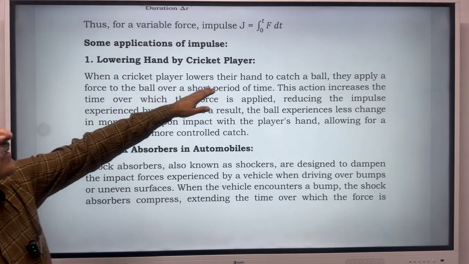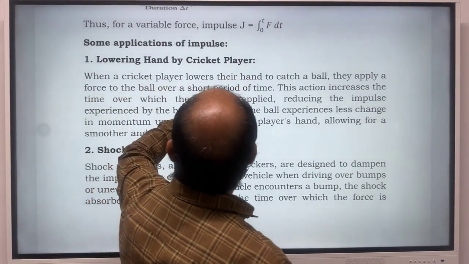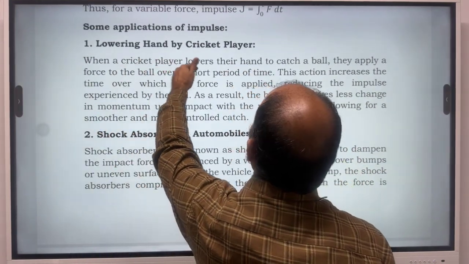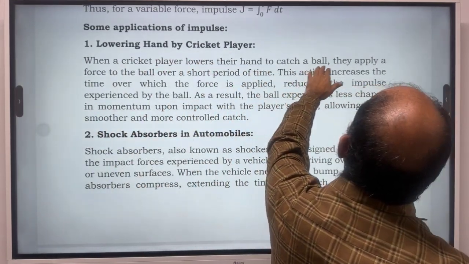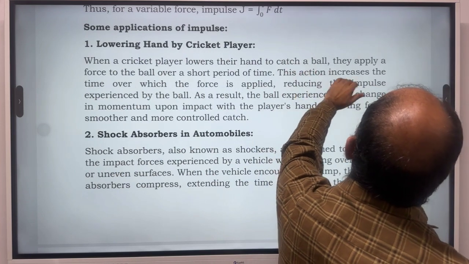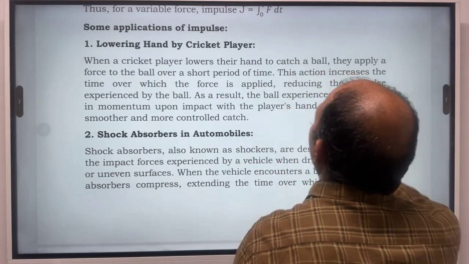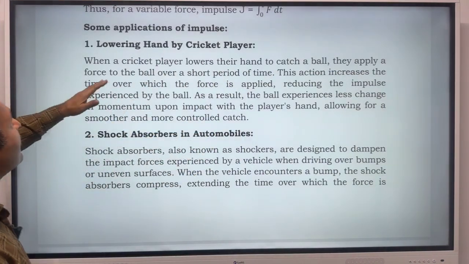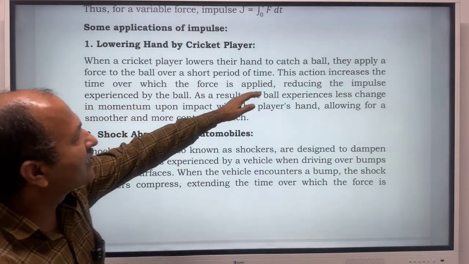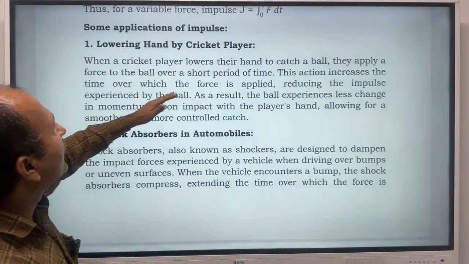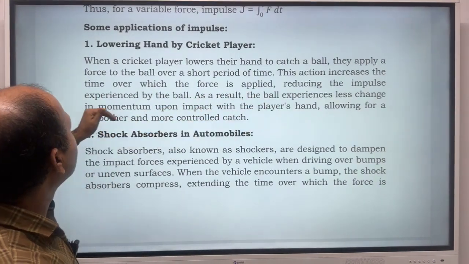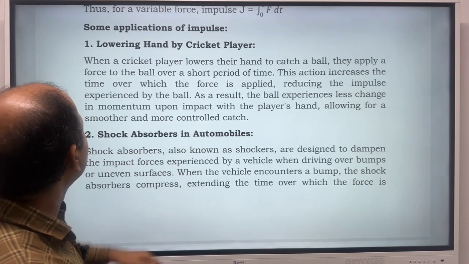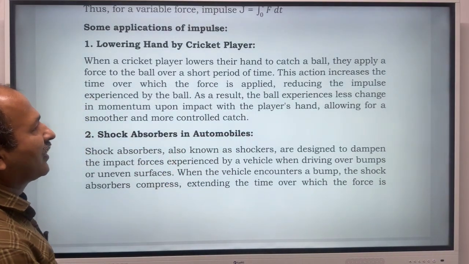When a cricket player lowers his hand to catch a ball, this increases the time over which the force is applied, reducing the force experienced. As a result, the ball experiences less change in momentum upon impact with the player's hand.